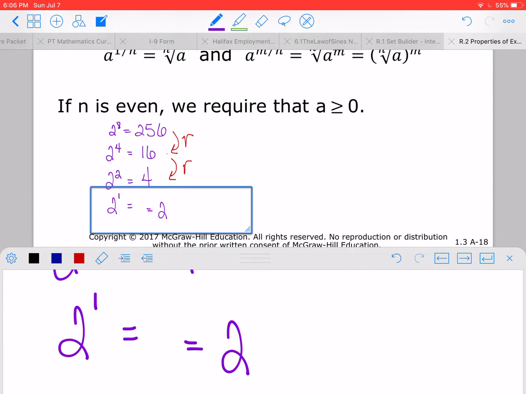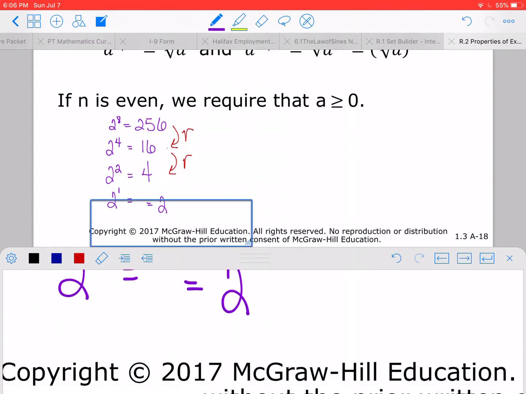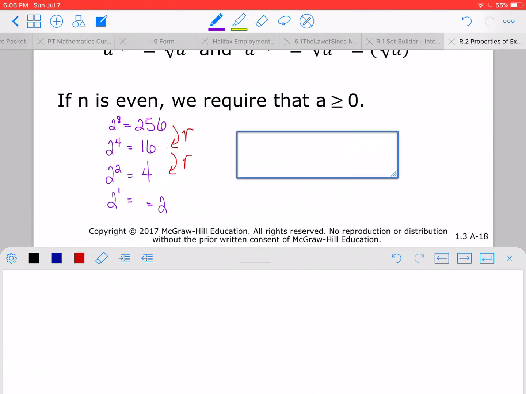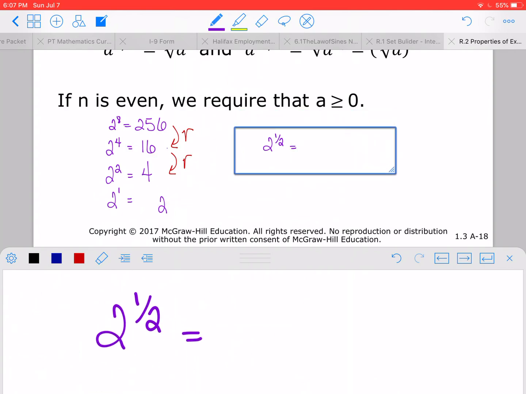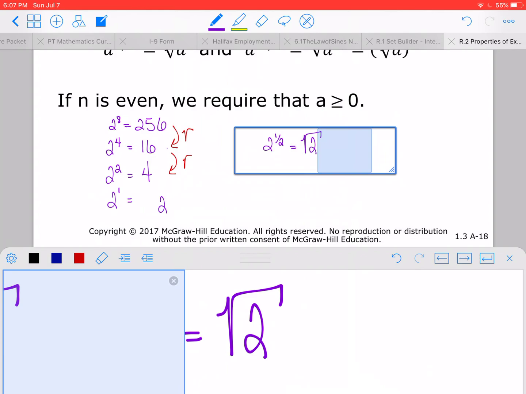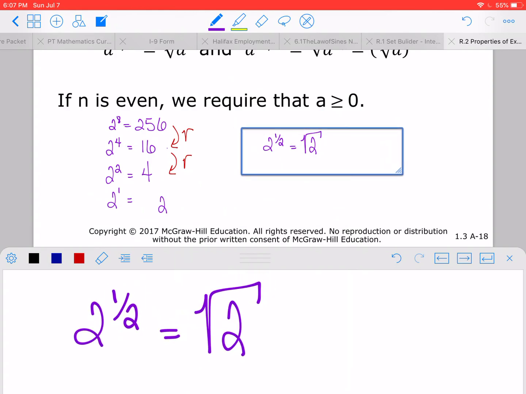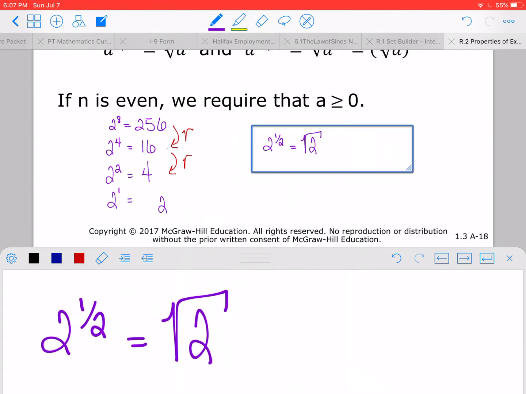Okay, if we half the 1 one more time, we've got 2 to the 1/2. So this time, we're taking the square root of 2. So, that's just a little example to see why, if we've got a fractional exponent, that gives us roots. So this is the square root of 2.